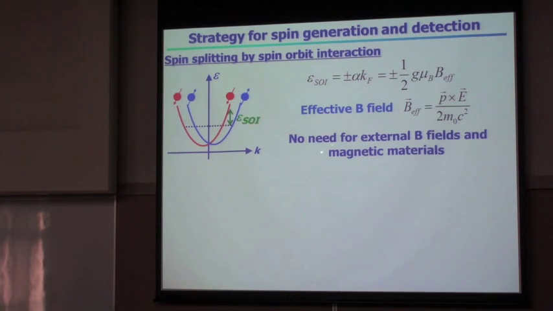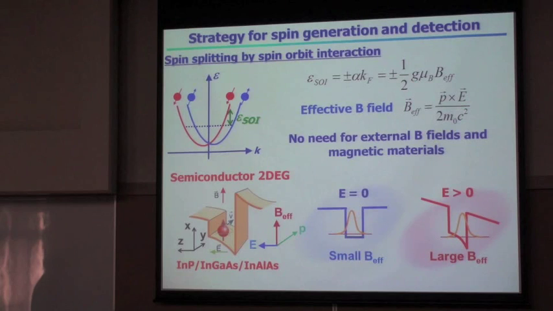So how can we make it in the semiconductors? To realize this, we need to focus more on this formula. So here, this is an energy potential band diagram of the semiconductor two-dimensional electron gas structure. And the electron is sitting at the bottom of the potential. Basically, the quantum well is based on the indium gallium arsenide material.